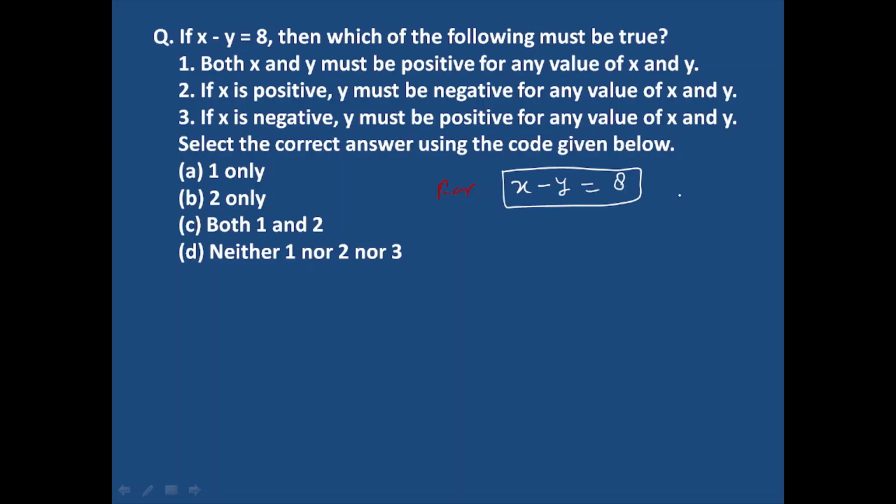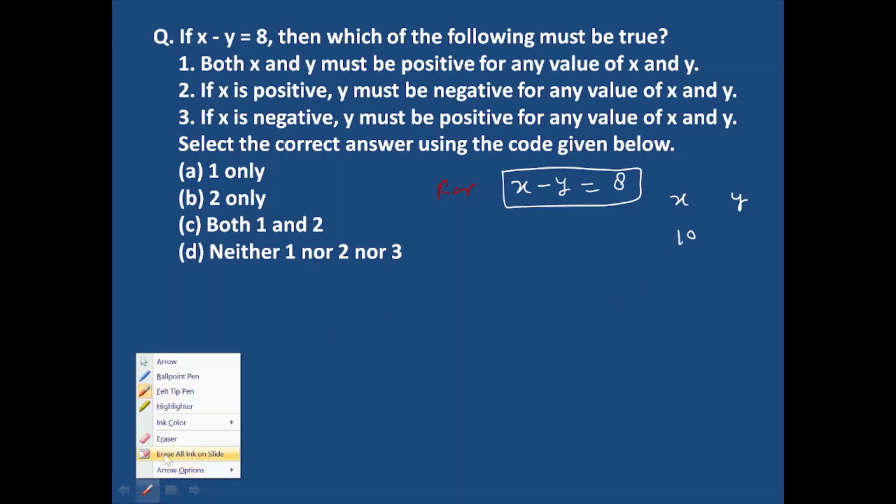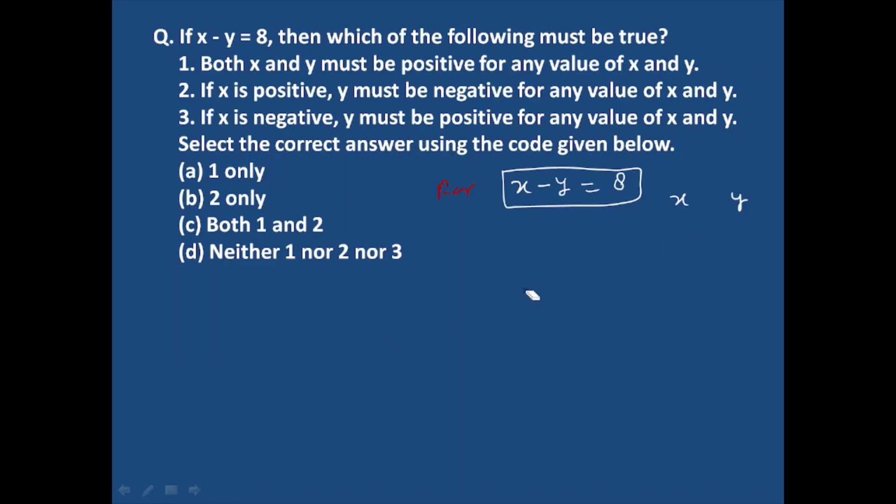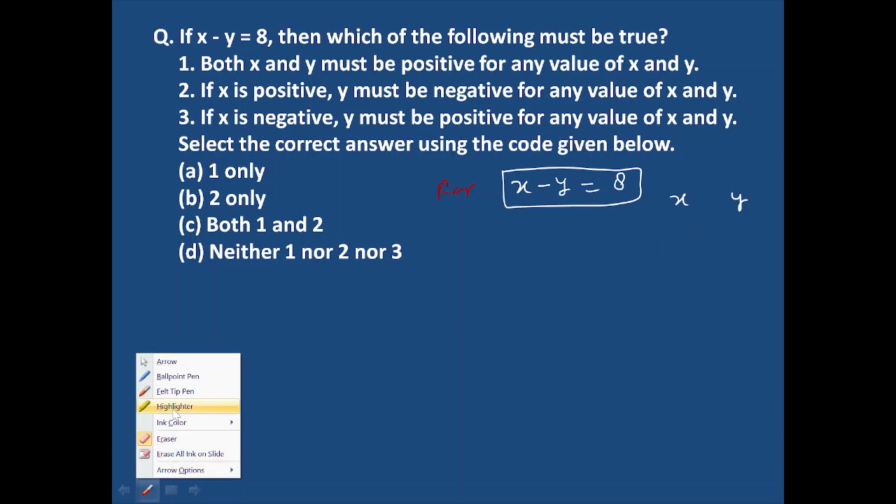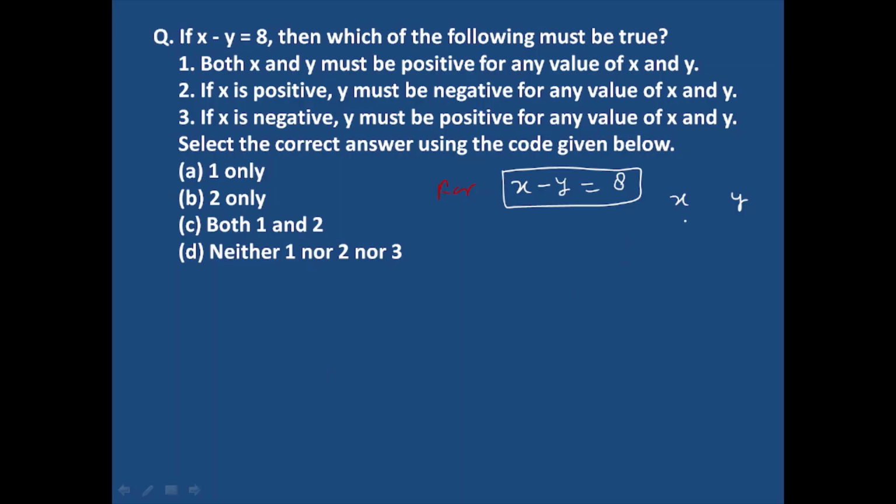Suppose this is the value of x and this is y. We can consider any value. Both values must be positive, so we can consider the value of x as 10, or any value of x.